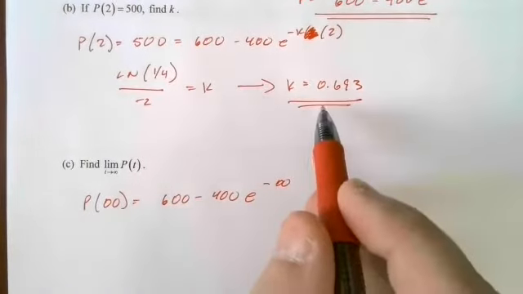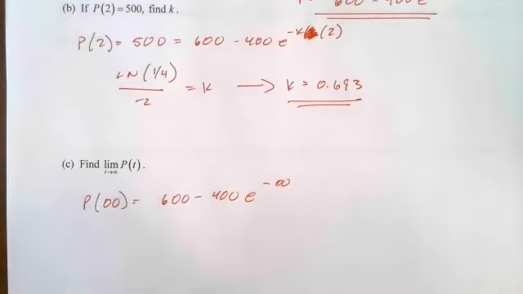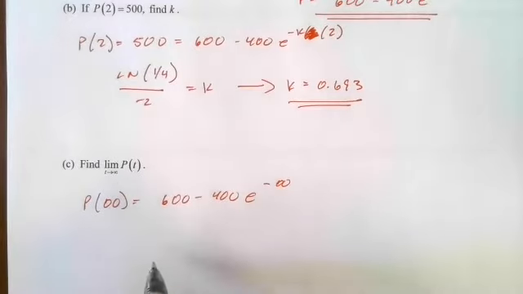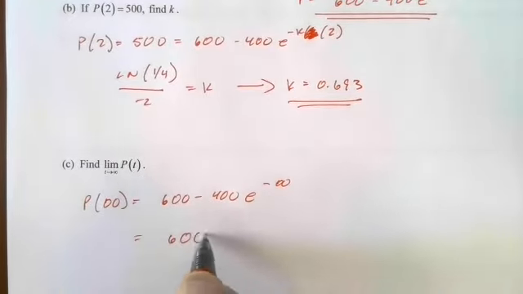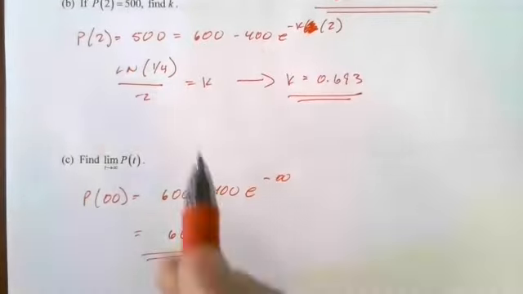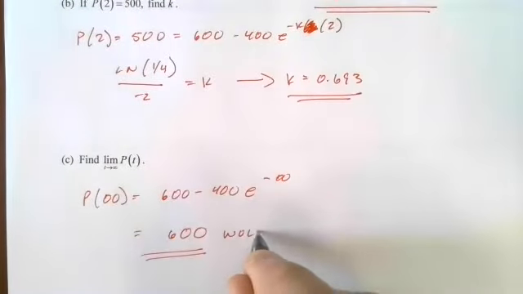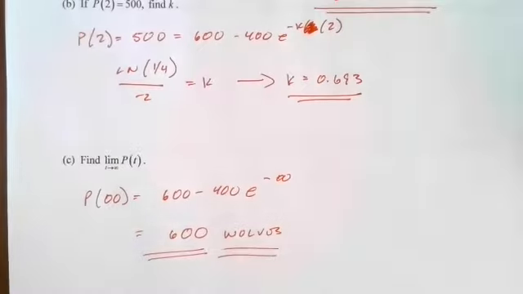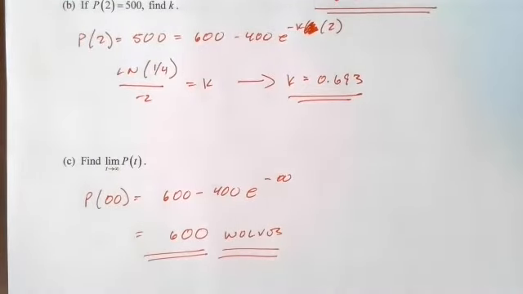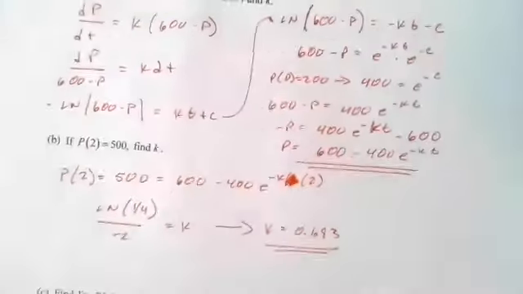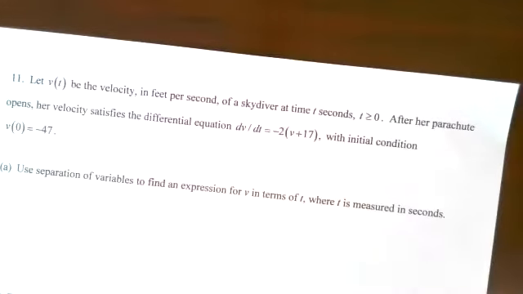Right? It's only 0.693 times negative infinity. It's negative infinity. So this craps out, and we're just left with 600. What do we got? Wolves. Wolves. Yay, math. Got to be done, right? No, there's one more.